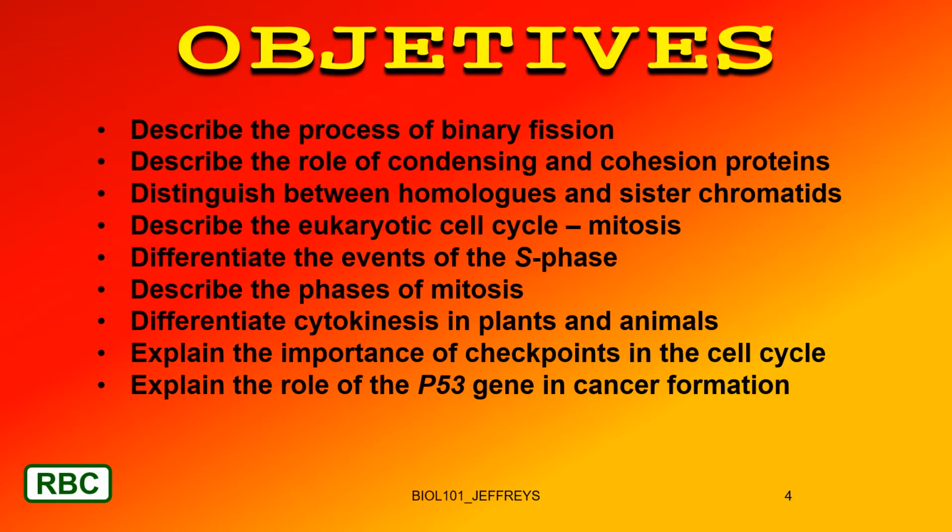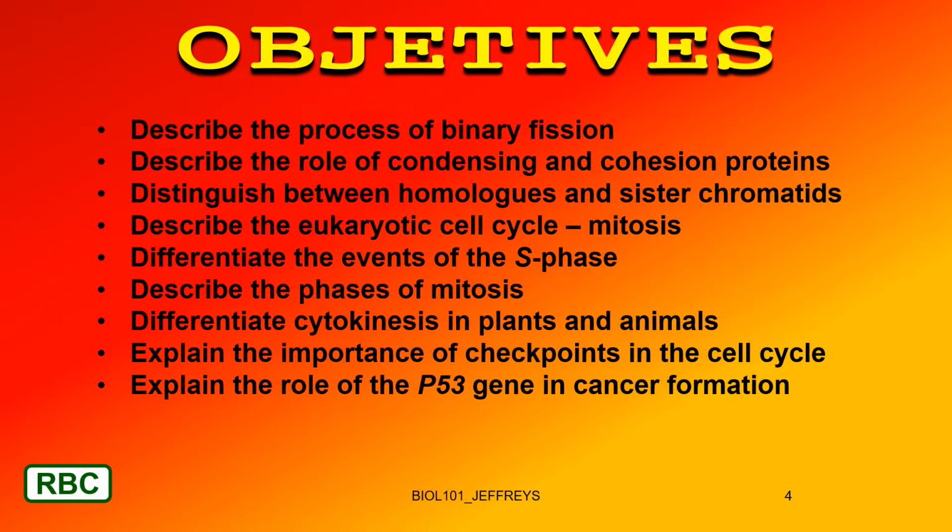So your objectives for this chapter, Chapter 10: describe the process of binary fission, that's cell division for bacteria or unicellular organisms. Describe the role of condensing and cohesion proteins. Distinguish between homologs and sister chromatids. Describe the eukaryotic cell cycle.